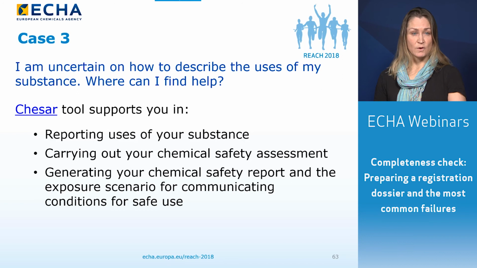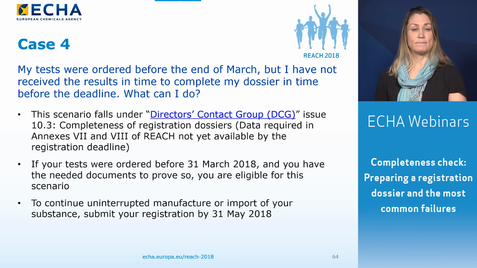Now we can move to case number 4, which is about the Directors' Contact Group, DCG for short. The question is, my tests were ordered before the end of March 2018, but I have not received the results in time to complete my dossier before the registration deadline. Now, what can I do?